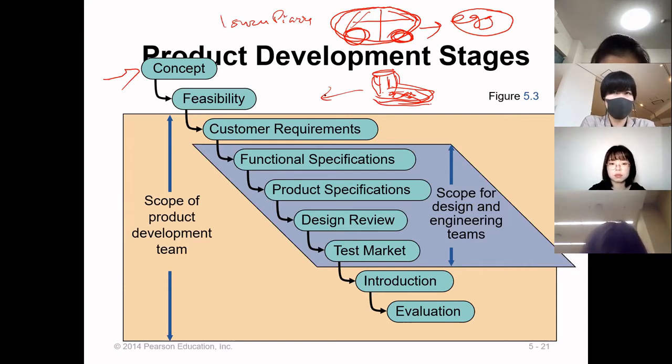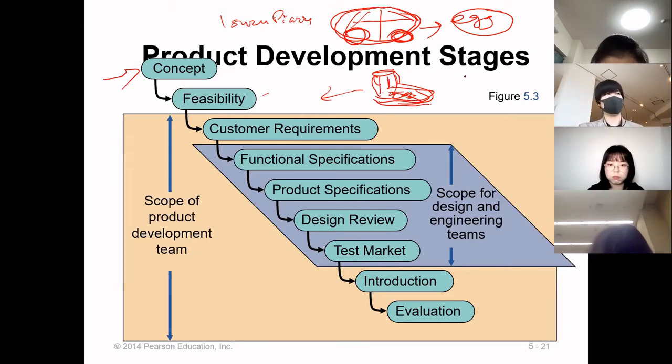So start from concept, then feasibility. Is it feasible? Can you make that shape? For example, some shapes are very difficult to make. In the construction industry, architects like to design buildings which are very awkward in shape.